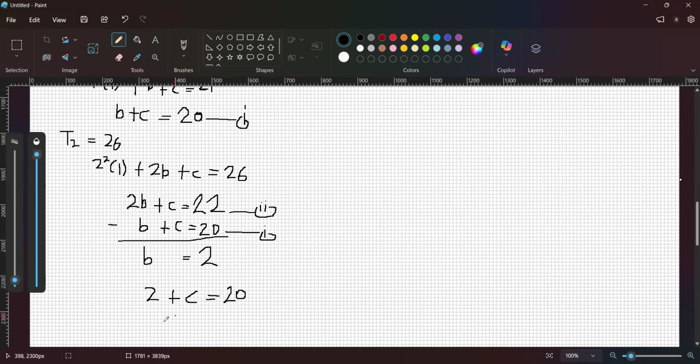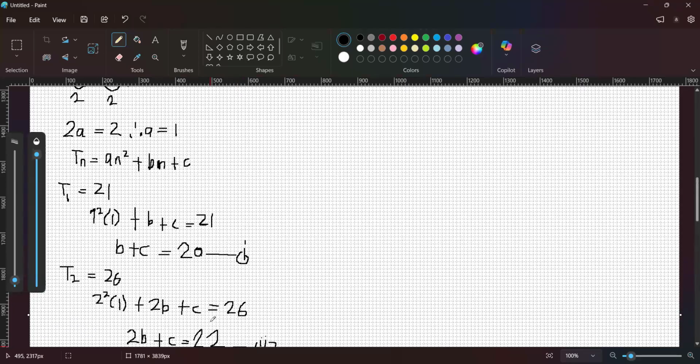So c will be equal to 20 minus 2, which is 18. So we now know b is 2, c is 18, and a is 1.